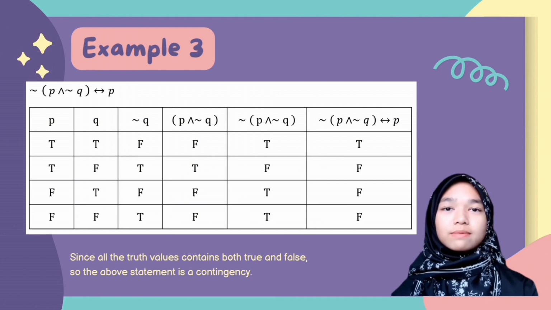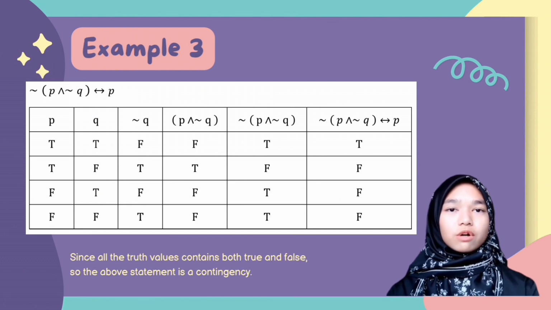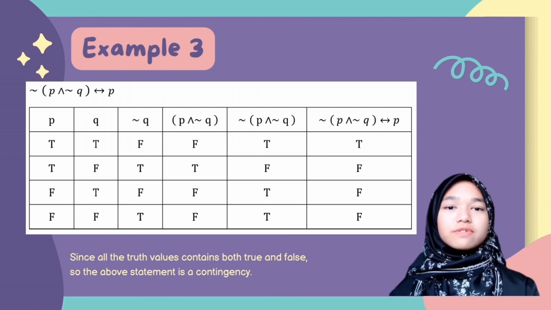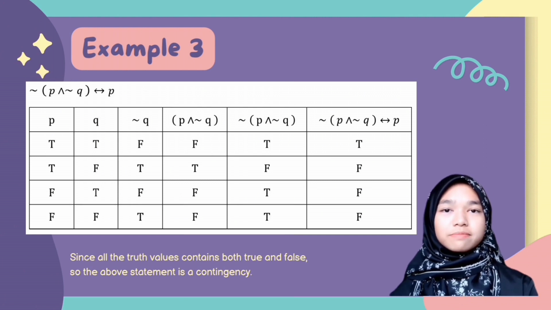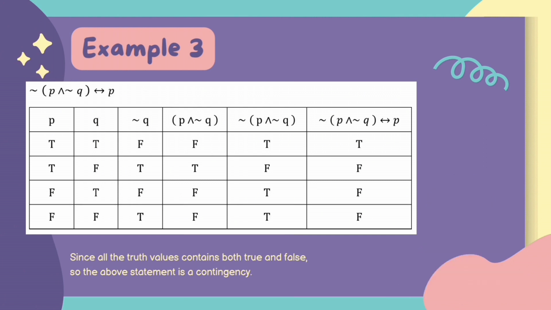As we learned from the previous slide about the definition of the truth table, we can determine whether the equation is true or false. So here, for example 3, we have true, false, false, and false. Since the truth values contain both true and false, the statement is contingency.